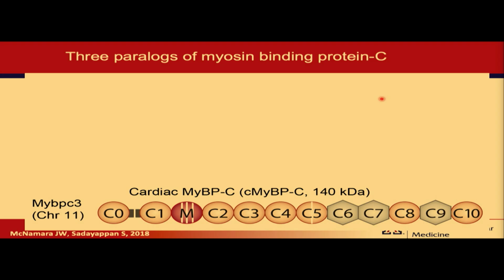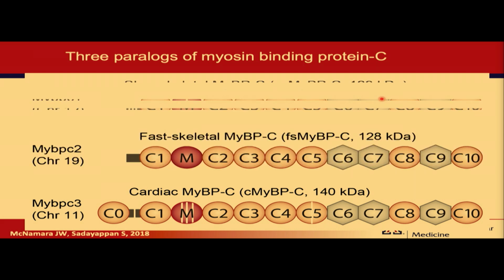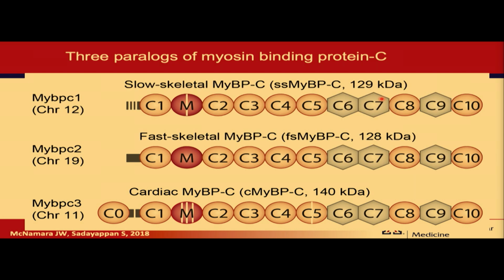Isoforms are from the same gene, but altered splicing can cause the isoforms. So, here we have three different myosin binding protein C. Slow skeletal myosin binding protein C is encoded in chromosome 12, fast skeletal myosin binding protein C is encoded in chromosome 19, and then cardiac in chromosome 11.